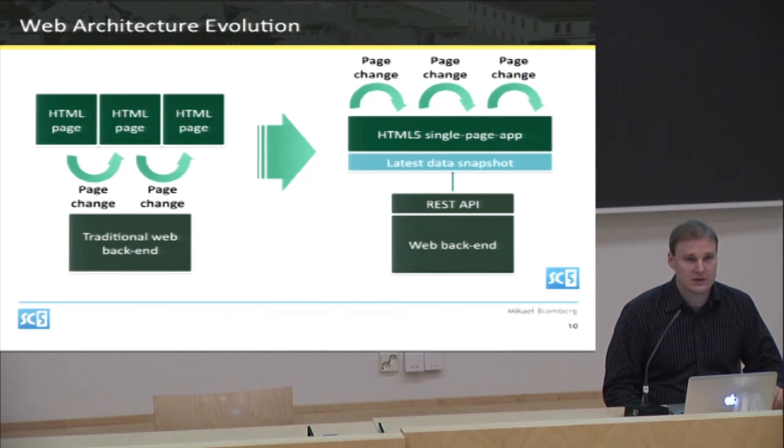Then came Ajax, which is a way to get the data in parts. And then that has been refined to what you can see here on the right side. You have a backend with a REST API, the stuff I was talking about two weeks ago. And then in the front end, you have an HTML5 single page app, which has page transitions and changes without doing a full page reload.